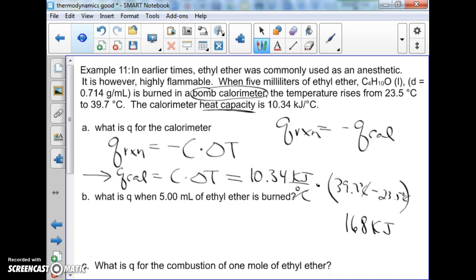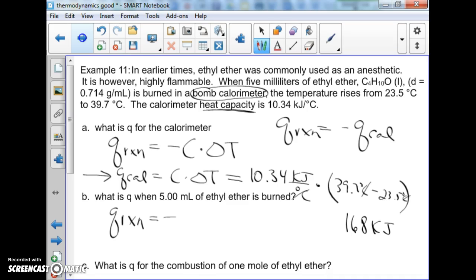Okay. B, what is Q when 5 milliliters of ethyl ether is burned? Well, if you read this, which I didn't read out loud to you, it tells me that 5 milliliters of ethyl ether is what produces this temperature change between 23.5 up to 39.7. So if I know that 5 milliliters produces that temperature change, then I know that this is just Q reaction.